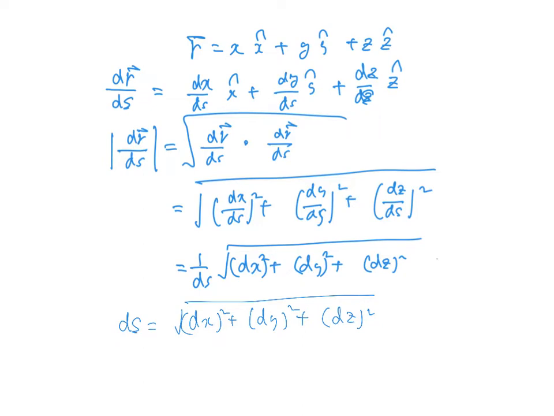So it turns out that this ds divided by ds is equal to 1. So dr/ds is a unit vector, but also we need to determine the direction of this vector, right?